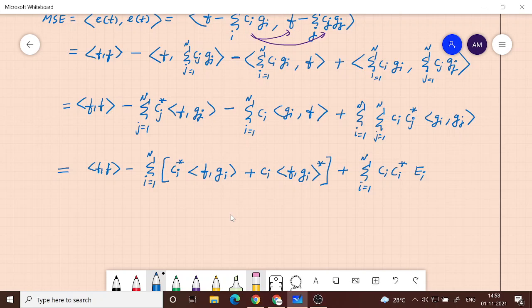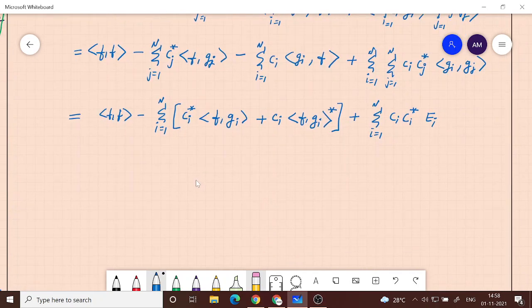So now I can combine all these terms under one sigma. So this is equal to f comma f minus, like before, I would like to take this ei outside.